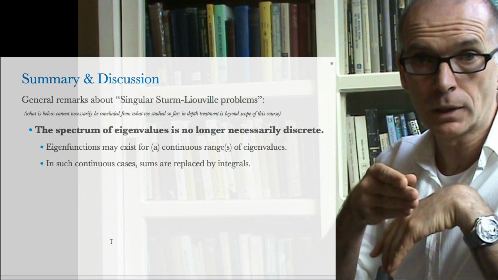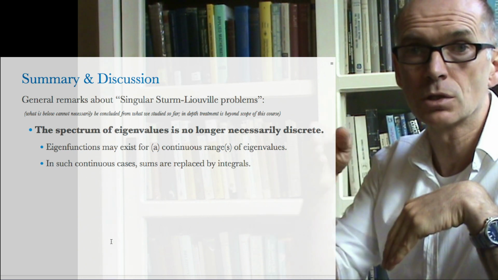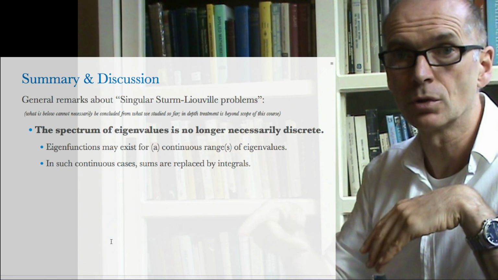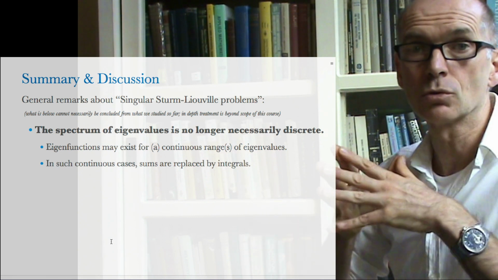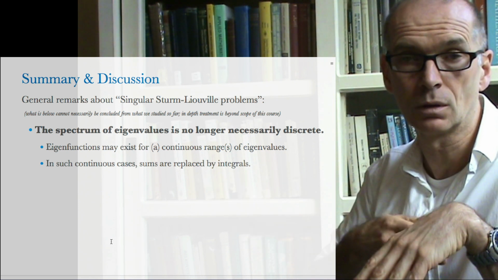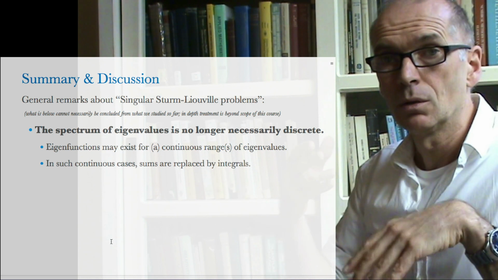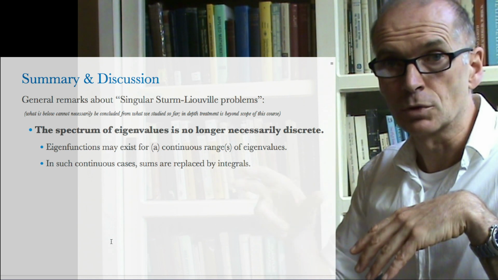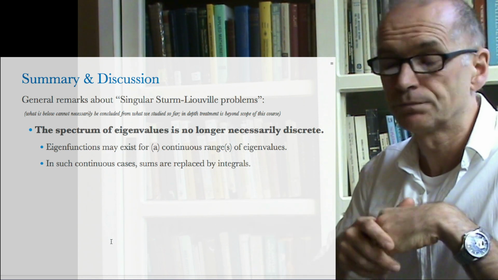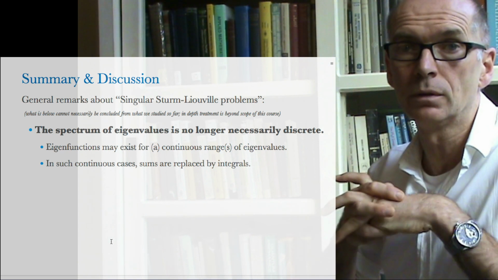There's a lowest one, and they increase all the way to infinity, but it is a discrete countable set. That is no longer true for singular Sturm-Liouville problems, and there can be a continuous range, or there can be parts of the spectrum that are continuous, one or more. So that is an important difference.